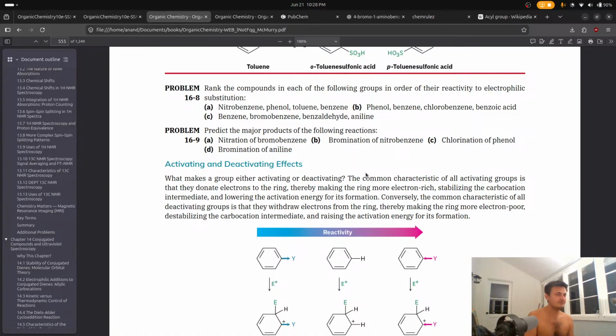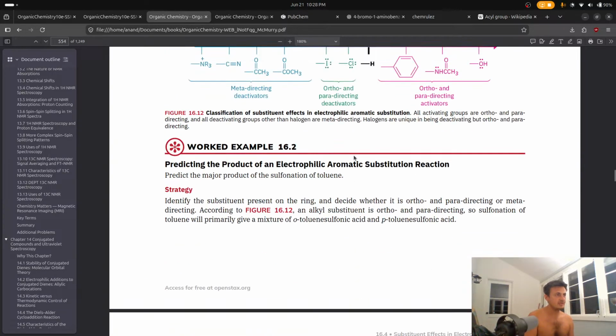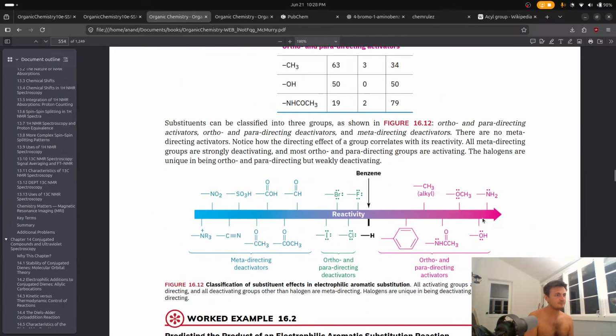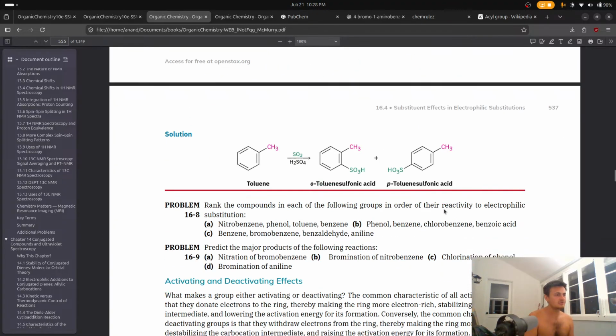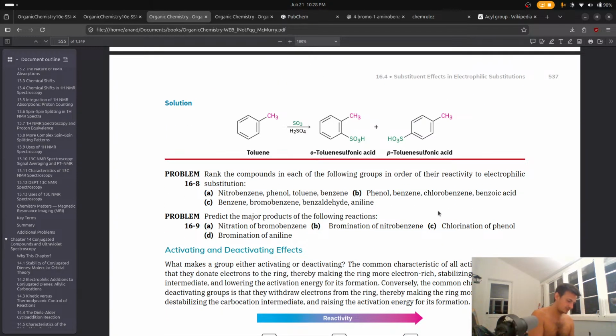Okay, chlorination of phenol. So it's going to be activating, ortho-para. So C is Cl2 plus FeCl3 plus phenol. And so this is an activator, ortho.